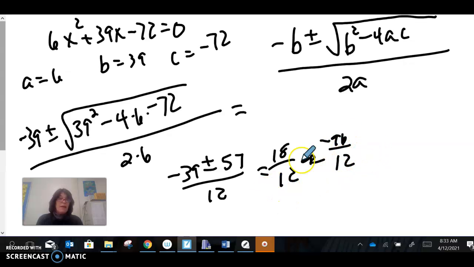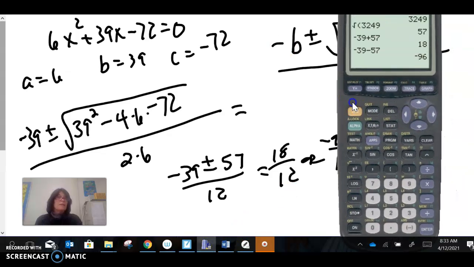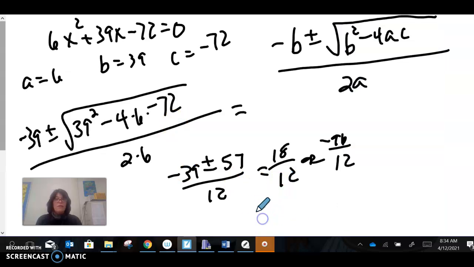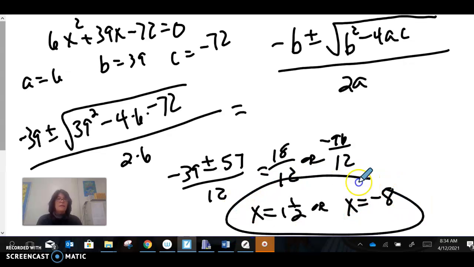I have to simplify that. 18 over 12. Let's see. 18 divided by 12. That's 1.5. -96 divided by 12. That's -8. So my final answers are x equals 1.5 or x equals -8.